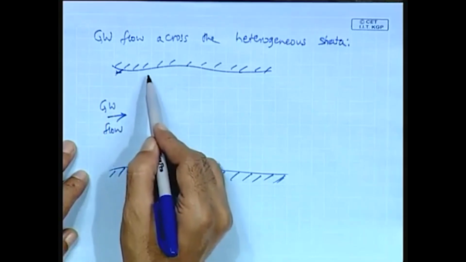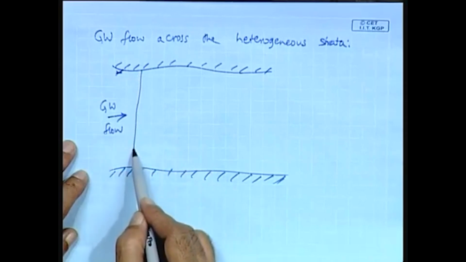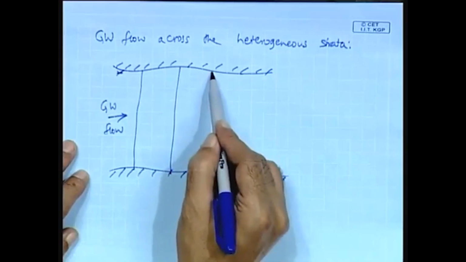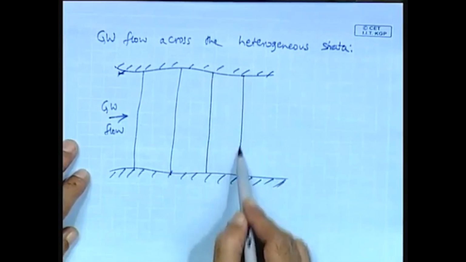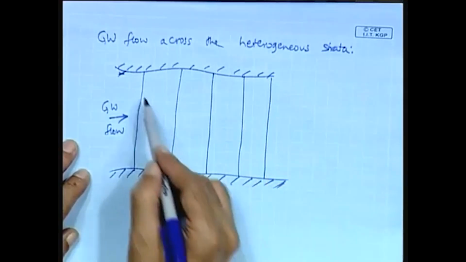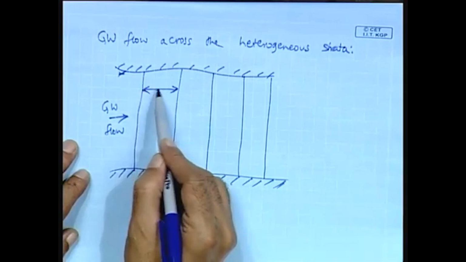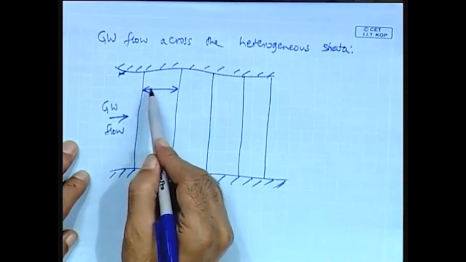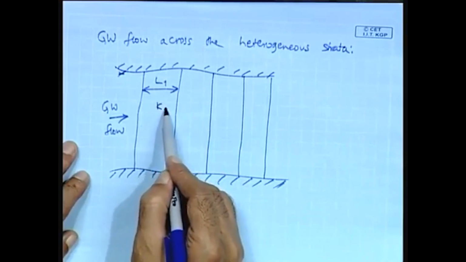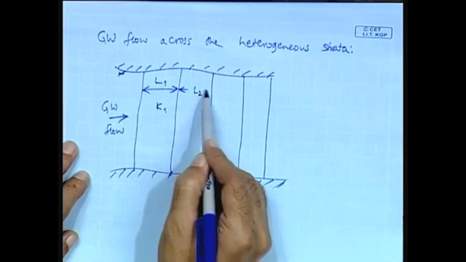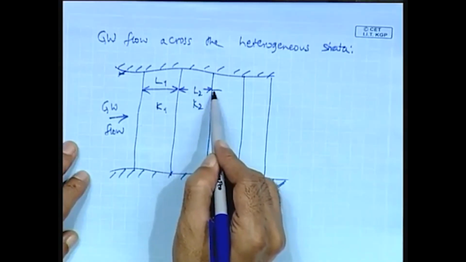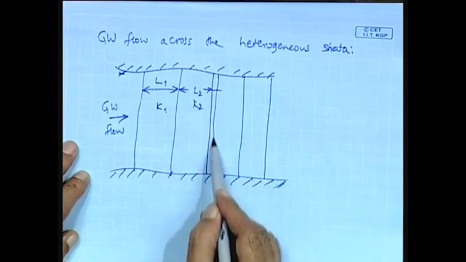And let us consider the strata perpendicular to the flow direction, each having a length of L1 and a hydraulic conductivity K1, L2 with hydraulic conductivity K2, and so on.